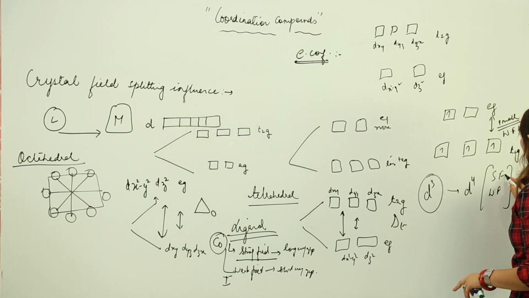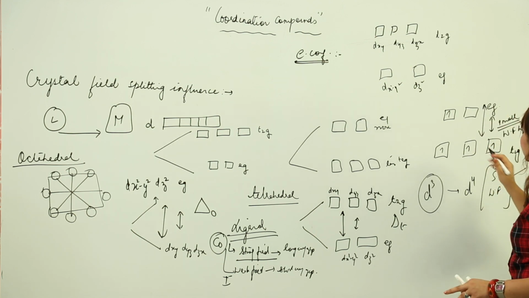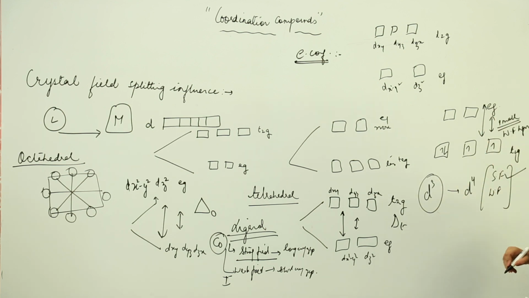But if it is a strong field ligand and there is a lot of energy difference, then it is not going to enter here, it is going to pair up here. So according to that factor, it decides whether the electron is going to enter this orbital or it is going to be paired up.